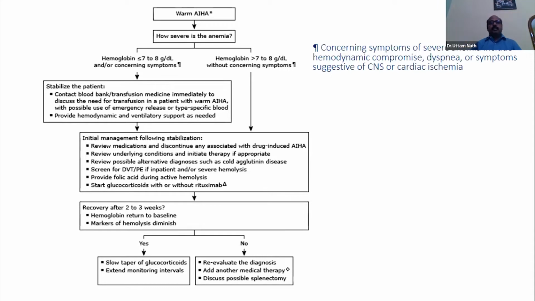The dictum in an AIHA patient is, if the patient is in need of RBC transfusion, we must never withhold transfusion for fear of complications. On the other hand, if the patient is relatively stable, then transfusion may be deferred and the definitive treatment should be started. I'll be coming to the definitive management of warm AIHA later.